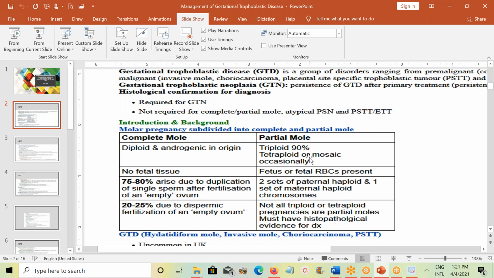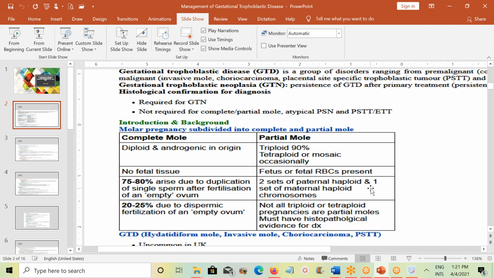As the number of sperms increases, it can be XYY, that can be there. But just remember that there are going to be 69 chromosomes in total: 23 from the mother, and then 23 plus 23 from the father.